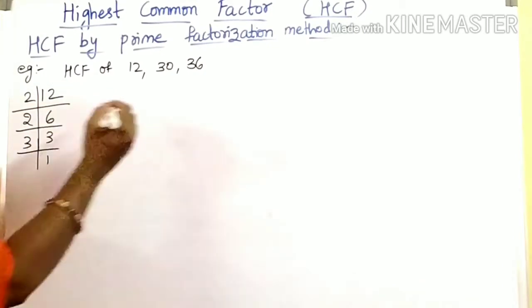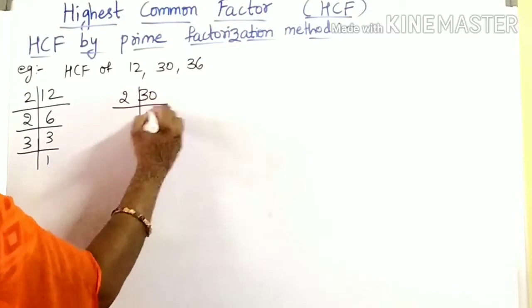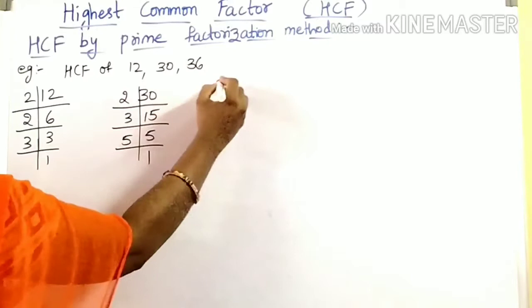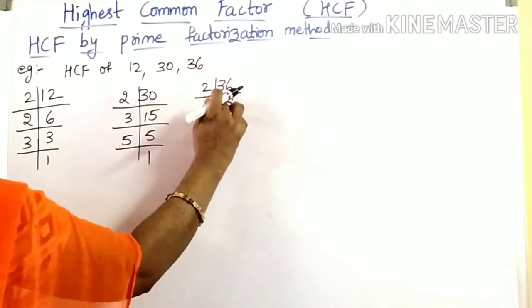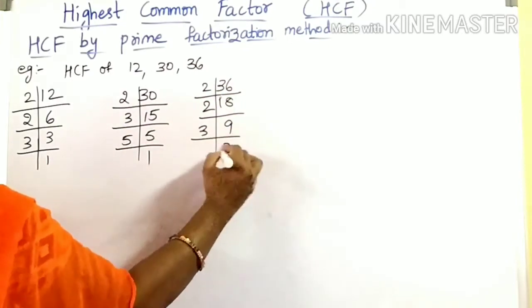Next 30: 2 15s are, 3 5s are, 5 1s are. Next 36: 2 18s are, 2 9s are, 3 3s are, 3 1s are.